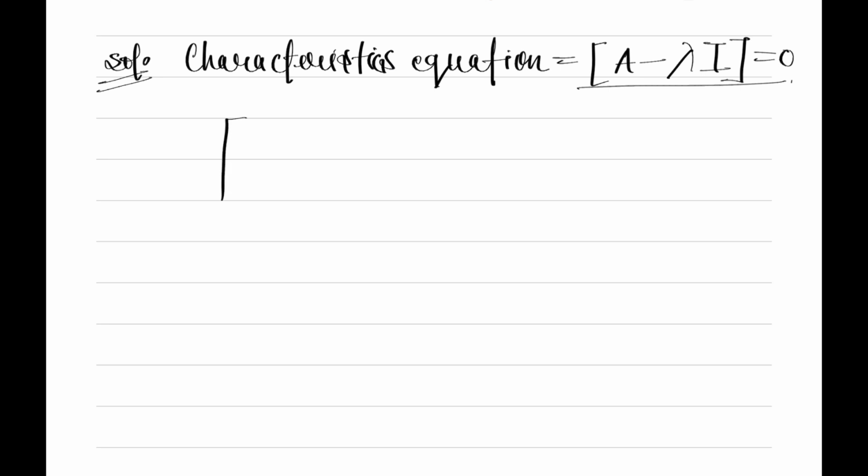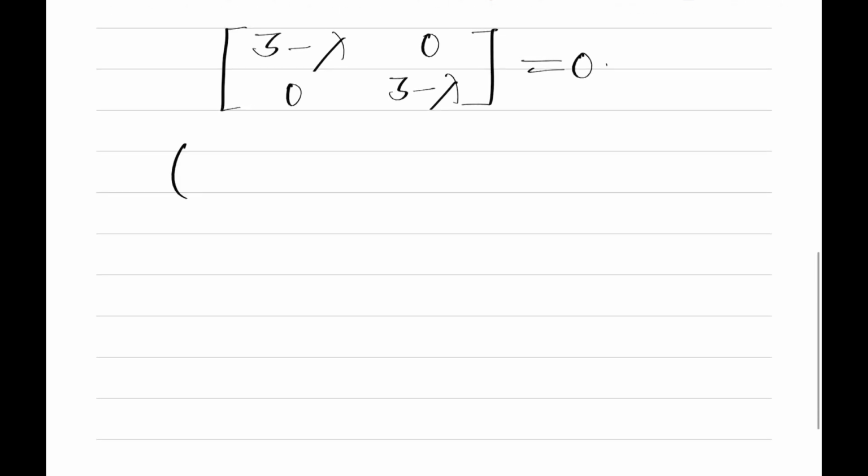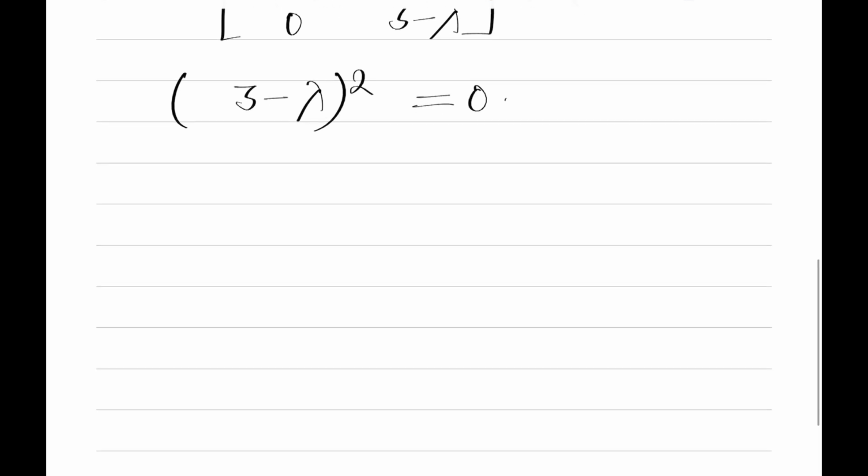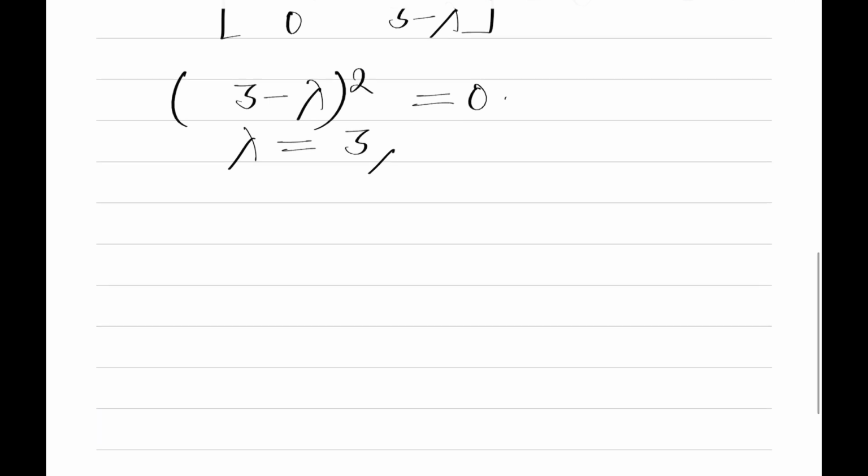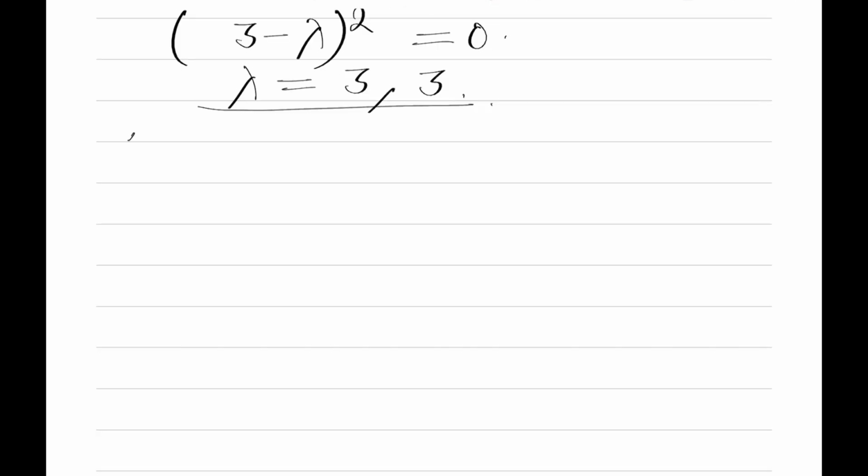Now our matrix will be 3 minus lambda, 0, 0, and 3 minus lambda, which will be equal to 0. We will expand our determinant. It will be (3 minus lambda) whole square is equal to 0. So finally lambda will be 3 and 3.